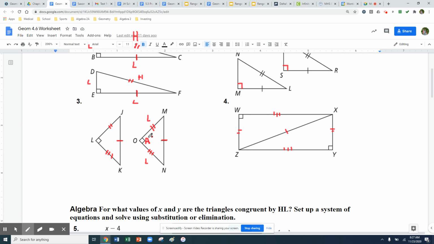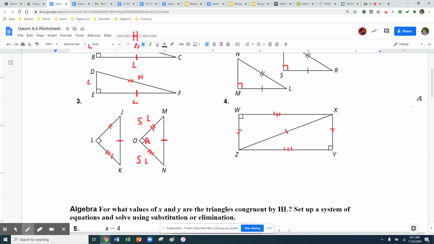Does anybody remember what that other theorem was when you have a side with an angle in between and another side? That would just be an SAS. So there is no leg theorem. That would just be an SAS because you'd have a leg with an angle in between and another leg. So those would be proven that way.